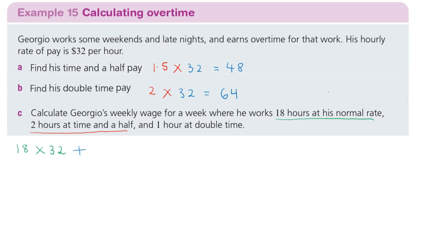So that's 2 times 1.5 times his normal rate of pay, which is 32, plus he's working 1 hour at double time. So 1 hour at double time, so 2 times his normal rate, 32. Put that in the calculator, and it equals 736.